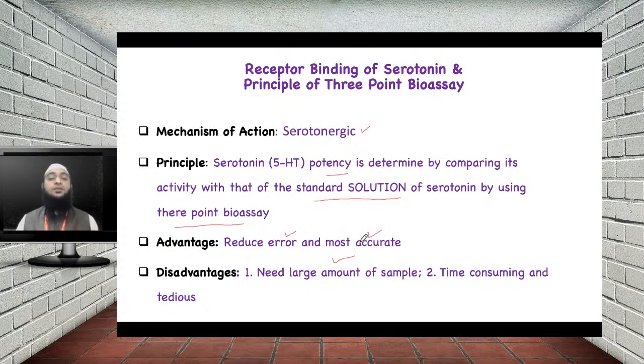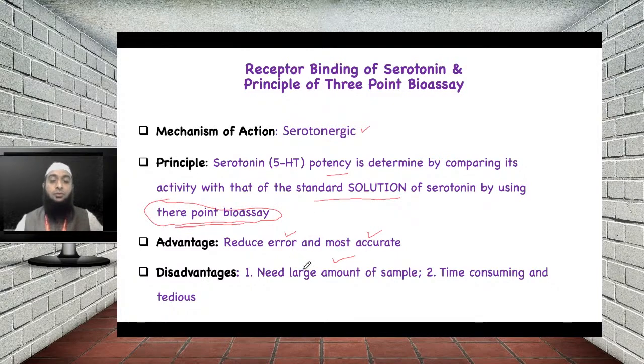Secondly, for every response, the response of the test and the 2 doses of standard that you select, you are repeating every dose 3 times. That is the reason why it is called the 3-point bioassay. Since you are repeating it 3 times, it will consume more sample.